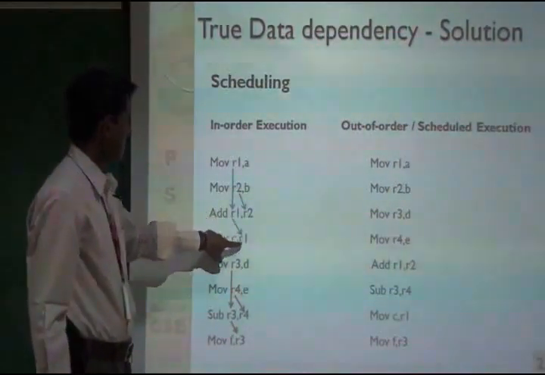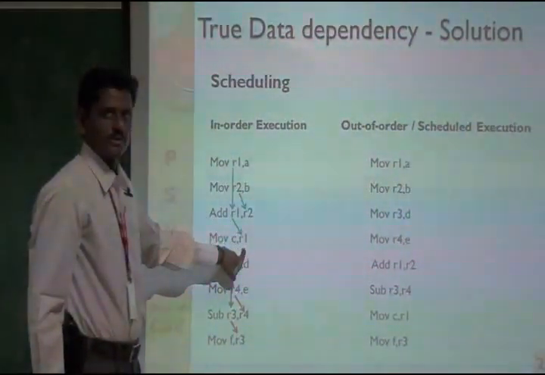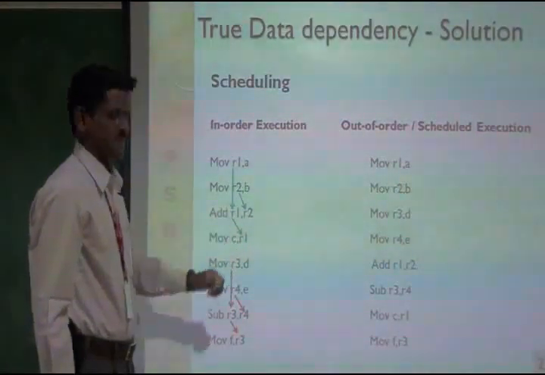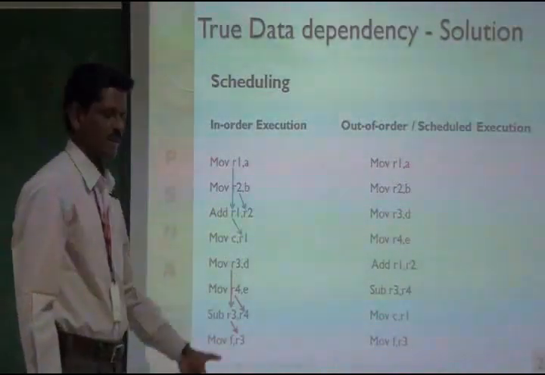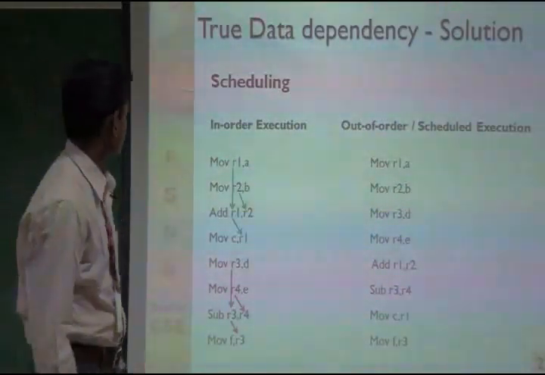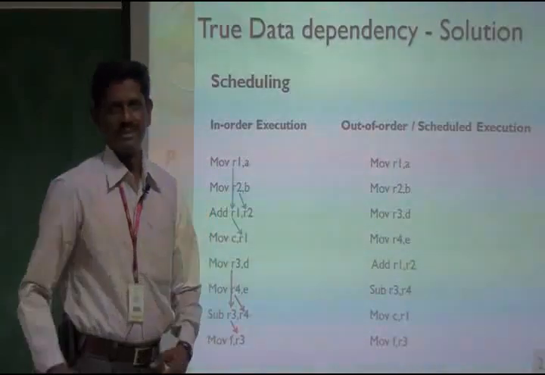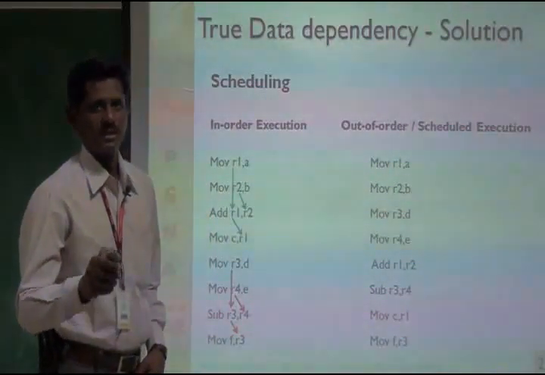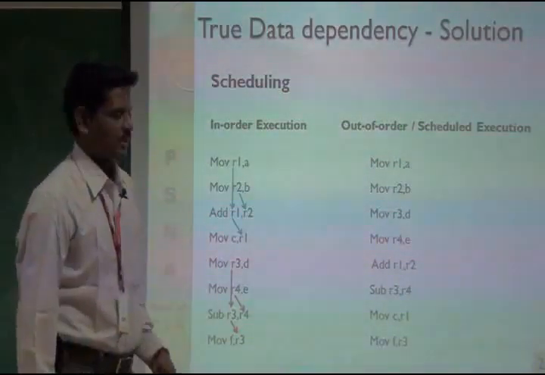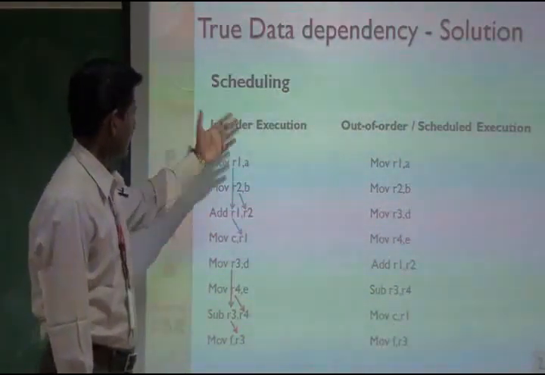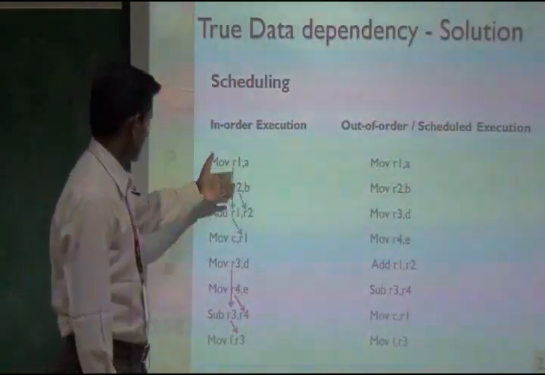Similarly, R1 is used by the fourth instruction, so there is a dependency. Executing instructions as per the programmer order is called in order execution. If you execute the instructions in order, we need to face all these dependencies.